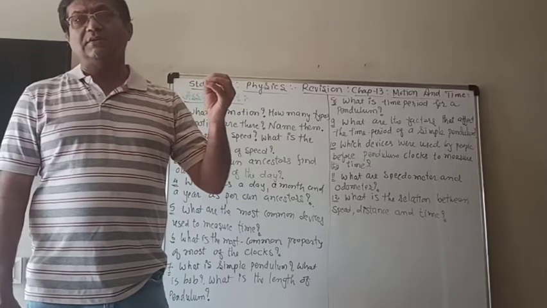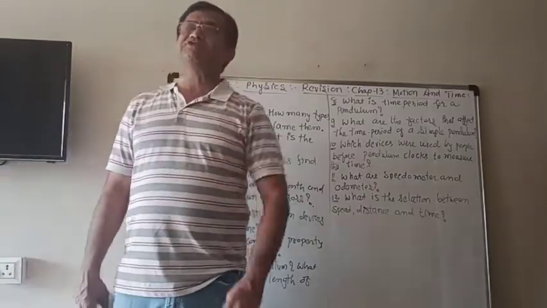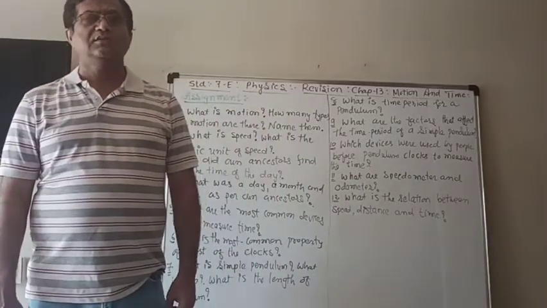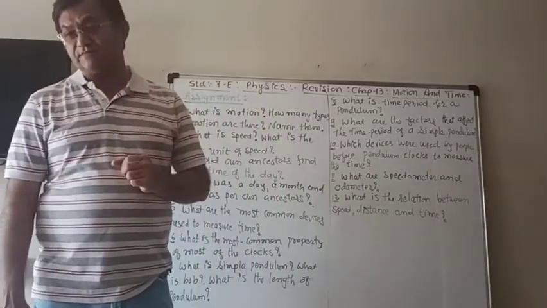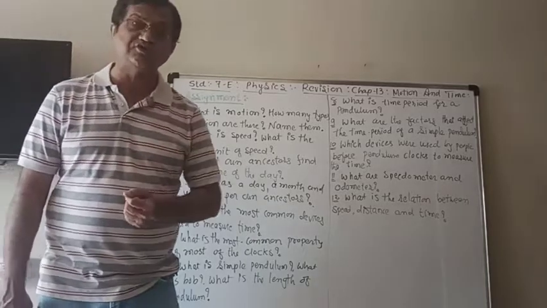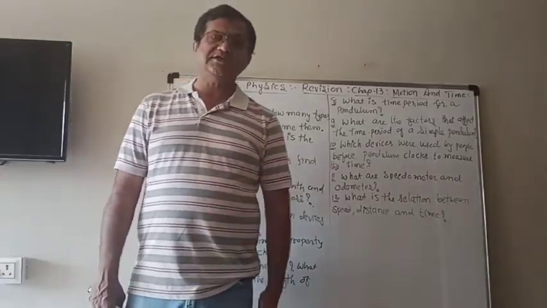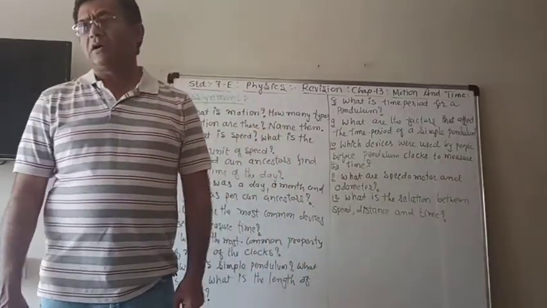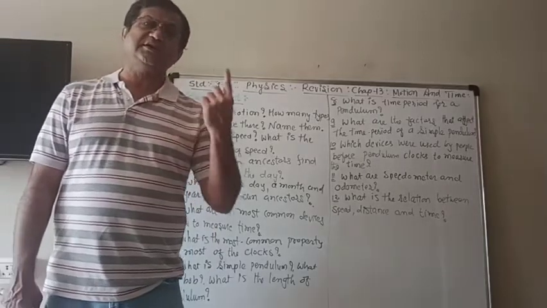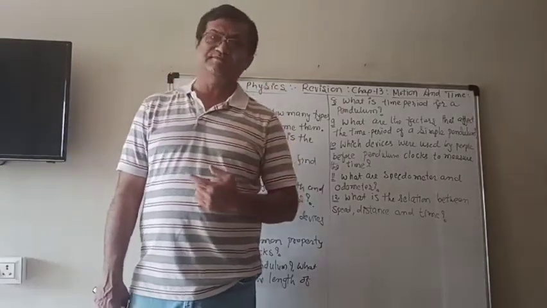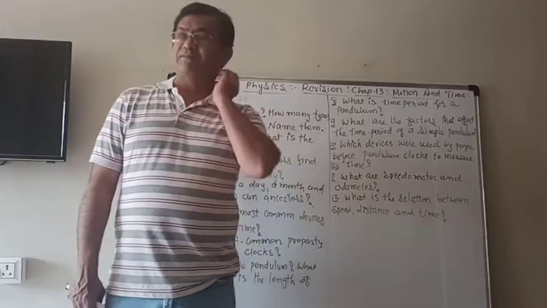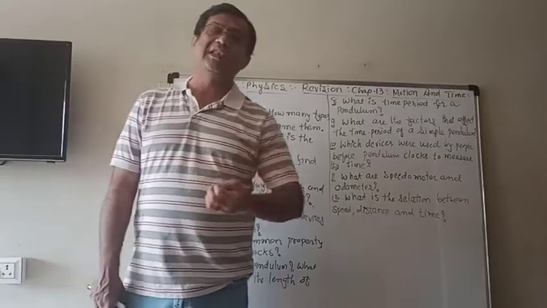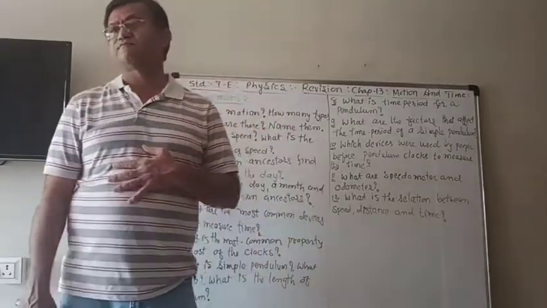If the motion is in the straight line, then it is known as the linear motion or rectilinear motion, because it is in the same direction with the same speed. Other motion is in the circular path. For example, the motion of the blades of a fan, wheel of any vehicle, etc.